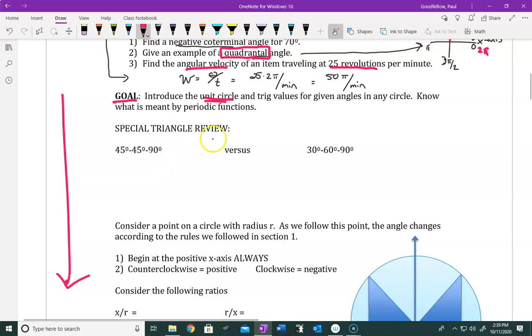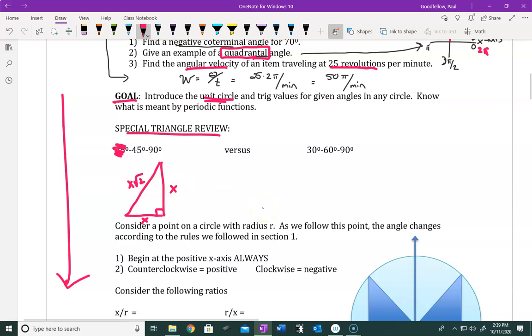So let's talk first about some triangle review. You've probably heard of these before, the 45-45-90 triangle and the 30-60-90 triangle. The 45-45-90 triangle, being an isosceles triangle, has some very special characteristics: if you were given one of the sides, which was the isosceles part, then this side over here becomes x root 2.